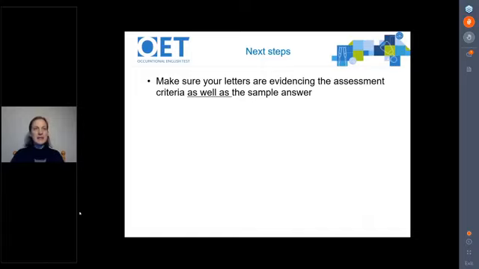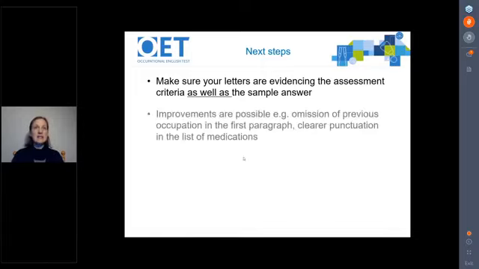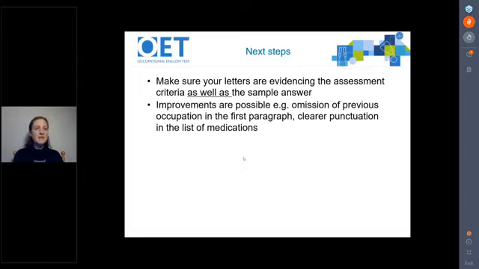What I'd also say is this letter isn't necessarily perfect. Improvements are always possible, even to sample answers that have been provided by OET. So I would, for example, omit the patient's previous occupation in the first paragraph.